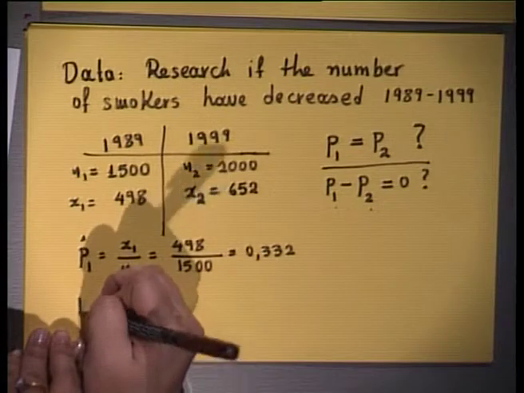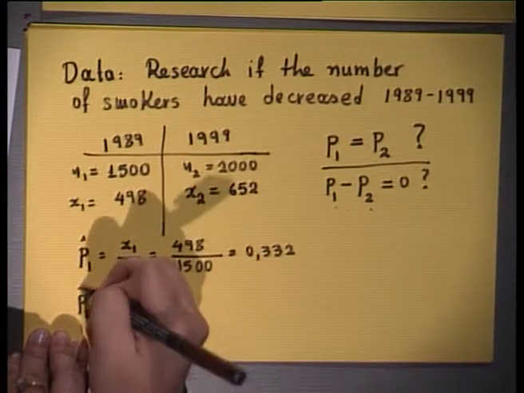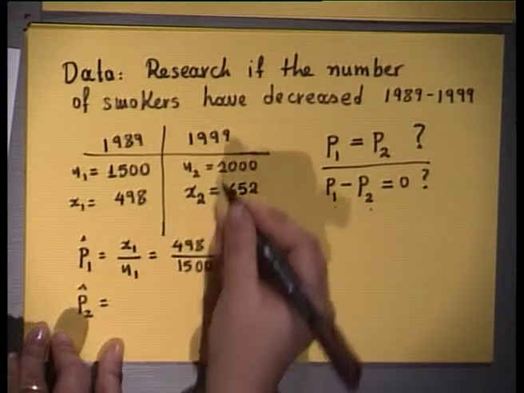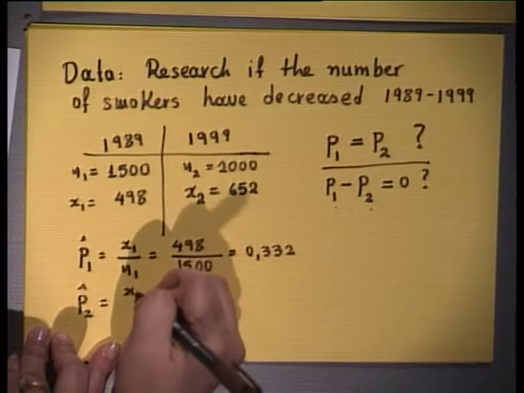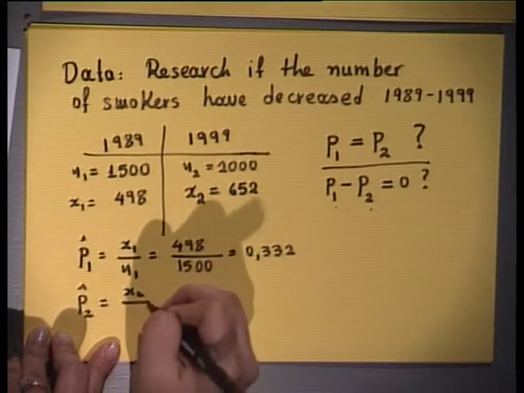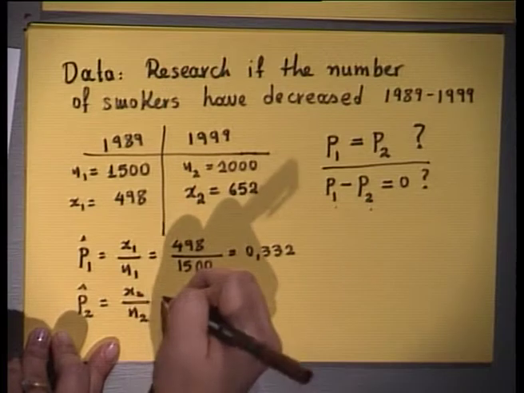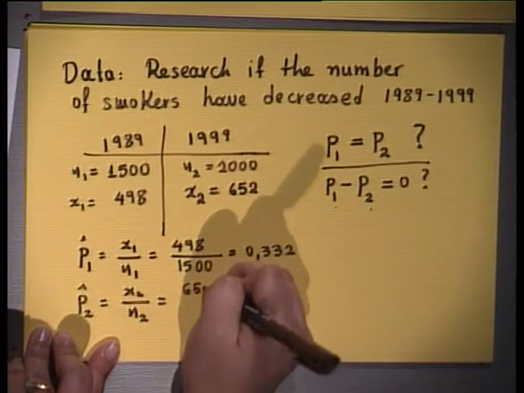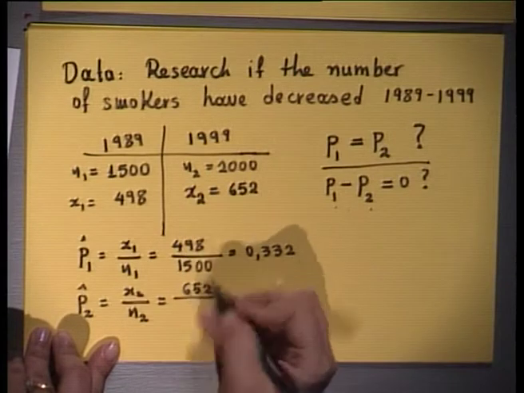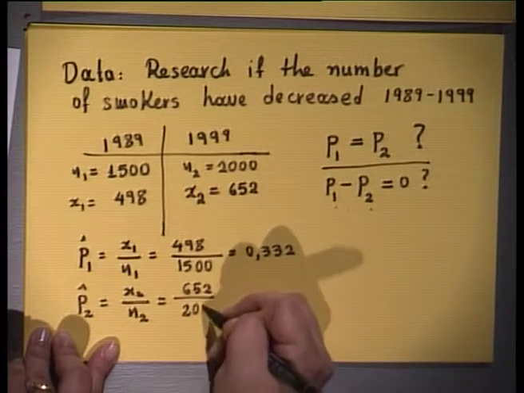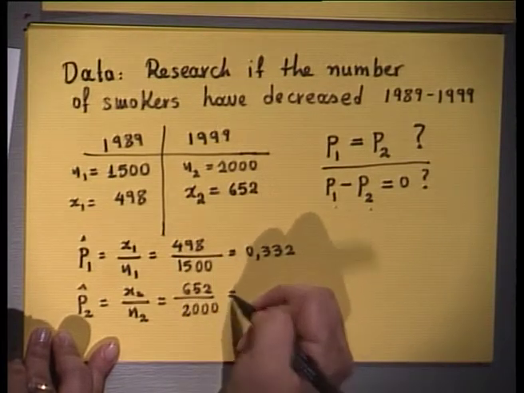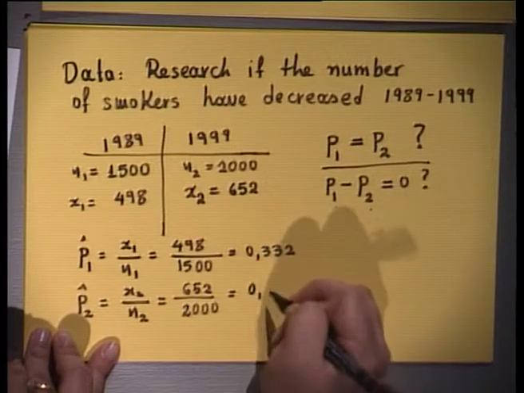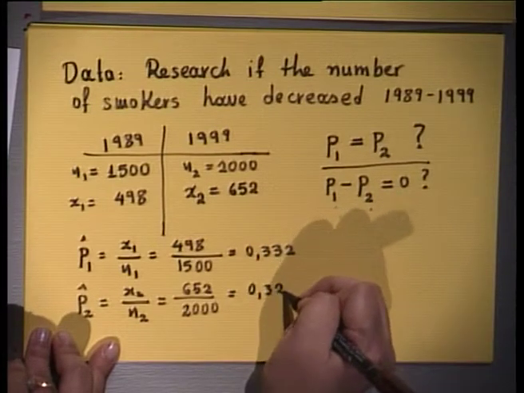Now, for the second proportion, a point estimator again, we have x2 divided by n2, which is 652 divided by 2,000, which is equal to 0.326.